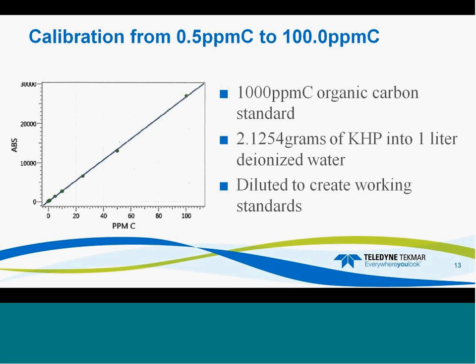So calibrations are important for 5310 and 415. The instrument was calibrated with KHP. By doing so, I made a 1,000 ppm organic carbon standard, 2.1254 grams of KHP into 1 liter of water, and then diluted down from there to make the working standards. Commonly, most laboratories are calibrating from 1 to 100.